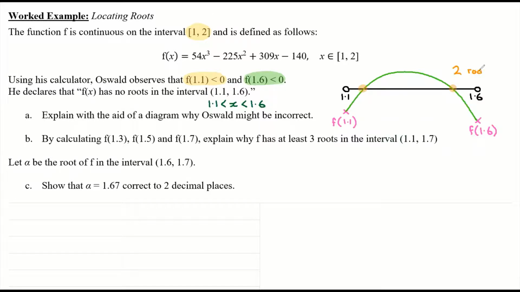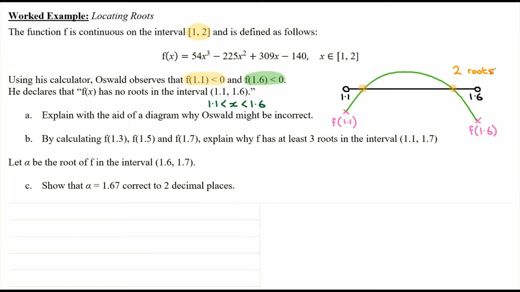So that would be a suitable diagram just to show that claiming that there are no roots in that interval is false. It might be true, we don't know, but it could be false. So he cannot declare that with the evidence he's got.